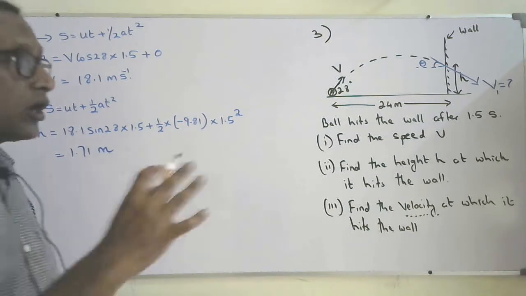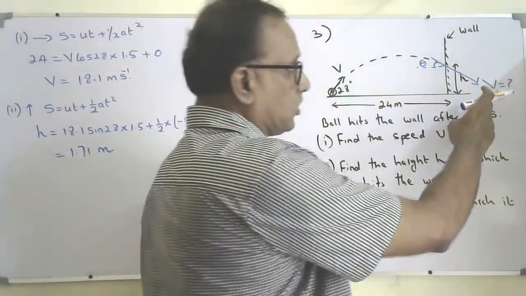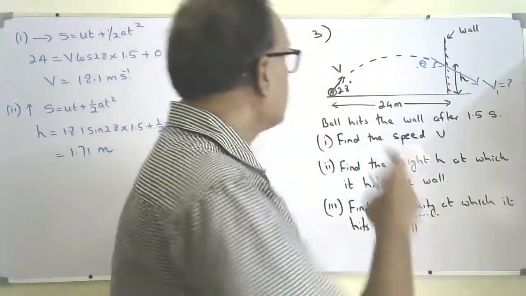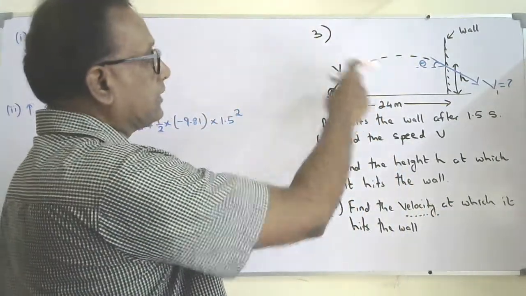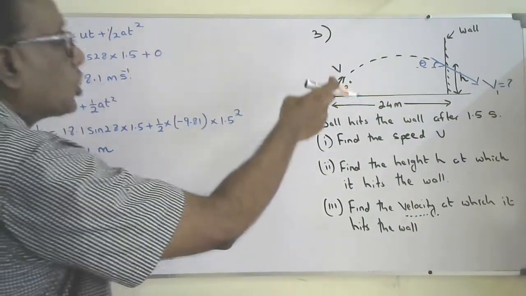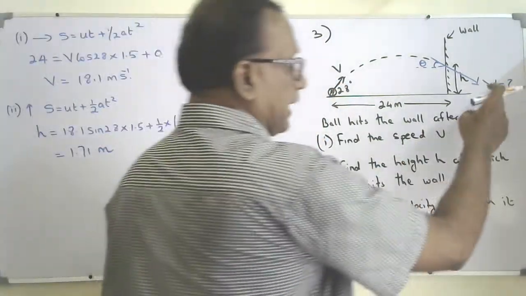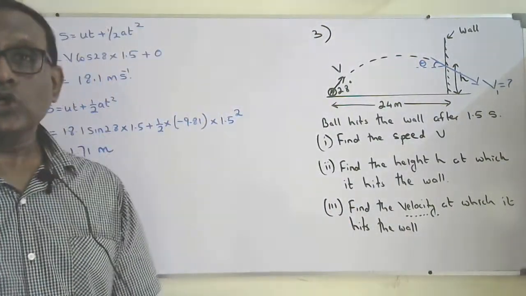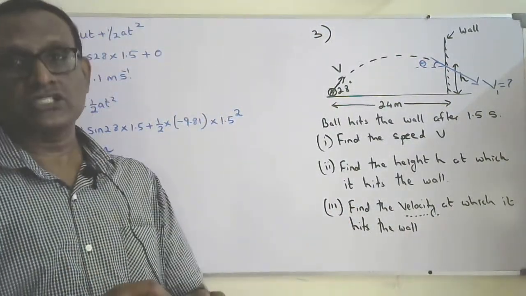And we know the horizontal component of this velocity just before hitting the wall remains the same as the initial horizontal component, that is 18.1 cos 28, because there is no acceleration in the horizontal direction.